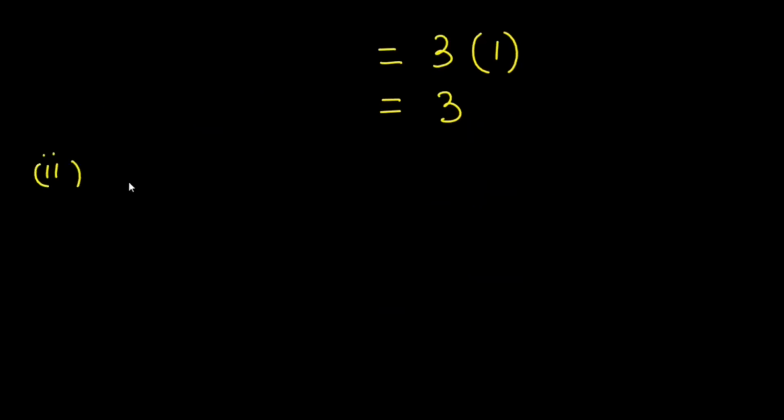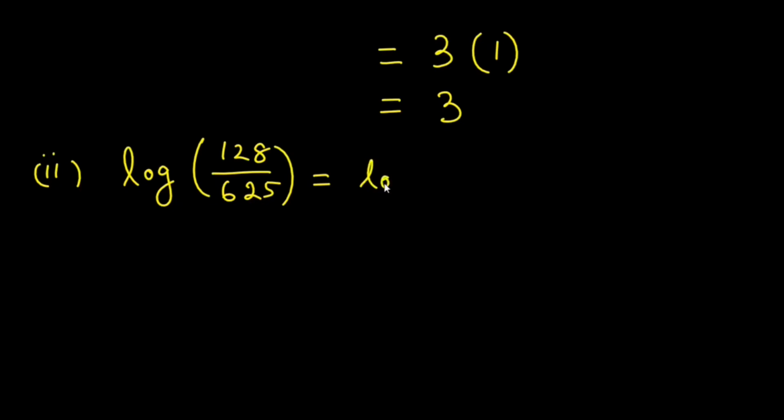Second one, log of 128 by 625. We want to expand it. This is equal to log of 128, which can be written as 2 power 7, by 625, which can be written as 5 power 4.